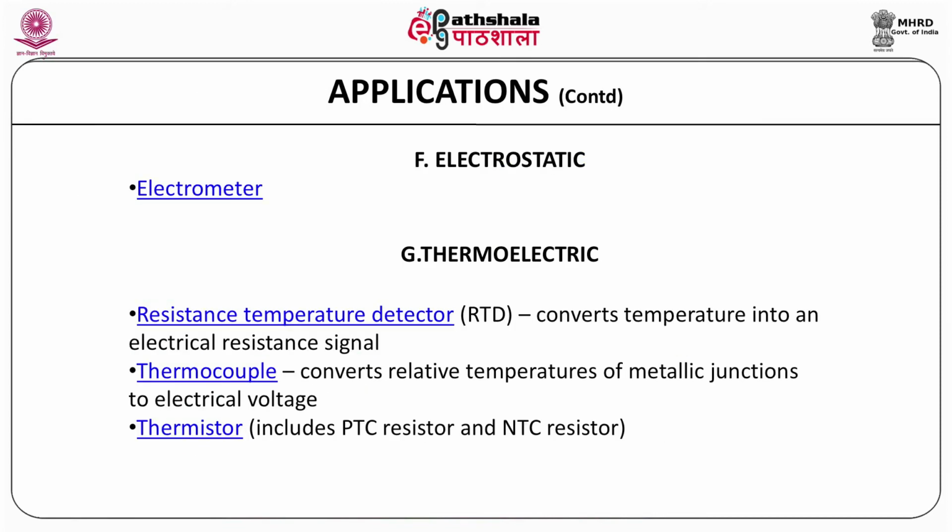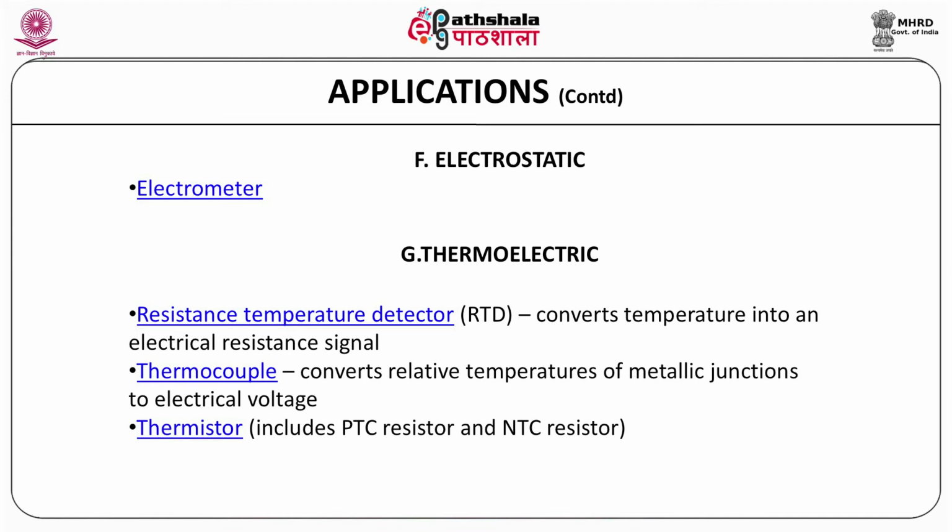Now we have studied electro-optical; next is the electrostatic. The electrometer is an example of the electrostatic. Then thermoelectric, as the name says, uses heat. Here the resistance temperature detector, or RTD, converts a temperature into an electric resistance signal.